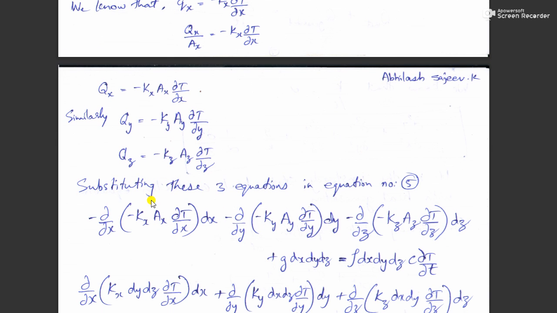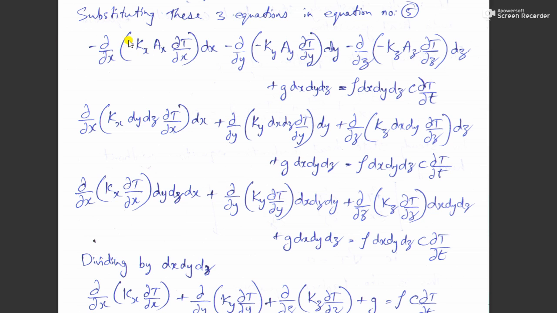So minus dou by dou x of minus kx Ax dou T by dou x dx, minus dou by dou y of minus ky Ay dou T by dou y dy, minus dou by dou z of minus kz Az dou T by dou z dz, plus g into dx dy dz is equal to rho dx dy dz c dou T by dou t.